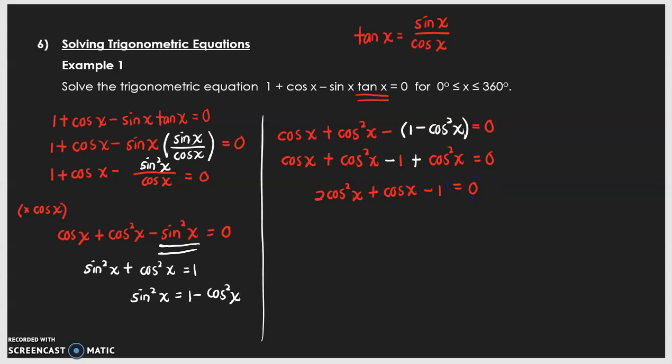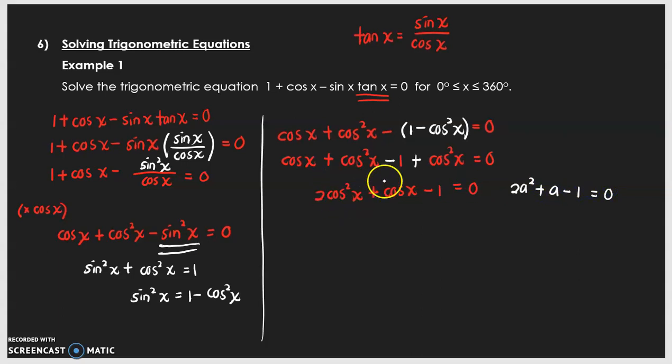So next, we will try to factorize this equation. So this is degree 2, where a is 2, b is 1, c is negative 1. You can use your calculator to factorize. So what I have here is this equation actually is equivalent to, let's say, 2a squared plus a minus 1 is equals to 0.